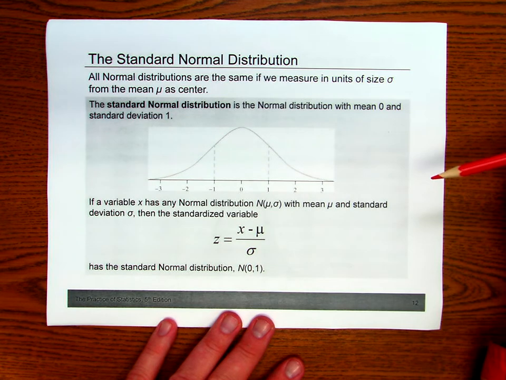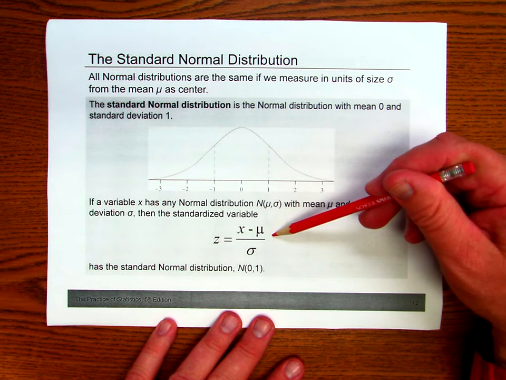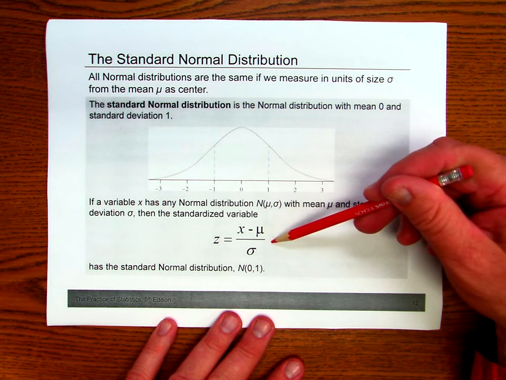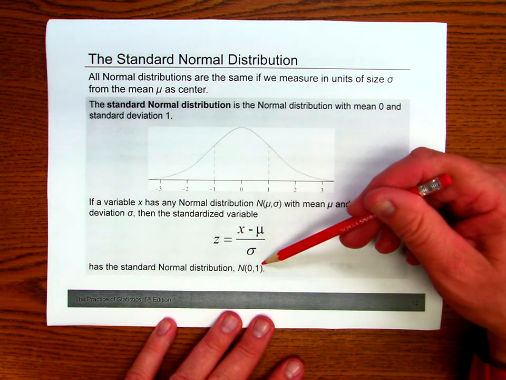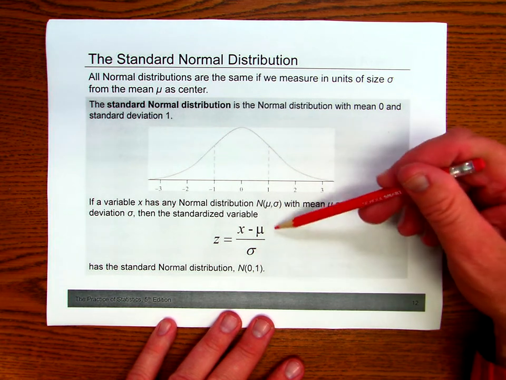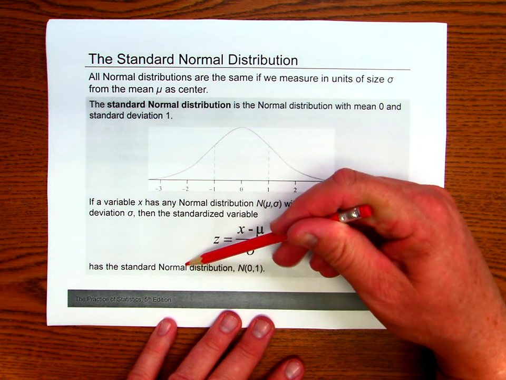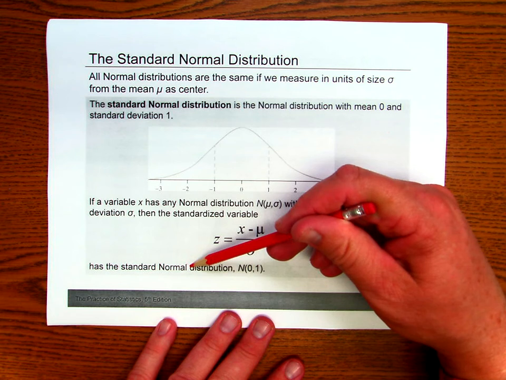We looked at this in chapter 2, when we did data transformation. If you take any set of data and you convert it all to z-scores, that new data set has a mean of 0 and a standard deviation of 1. So normal follows that rule, and if the original data set is normal, the new data set is normal with those parameters.